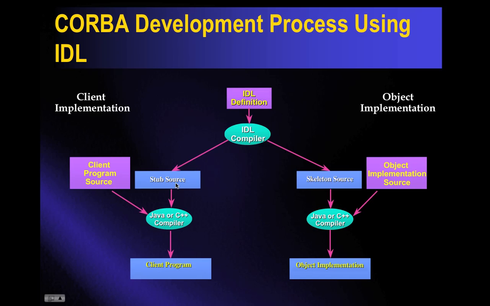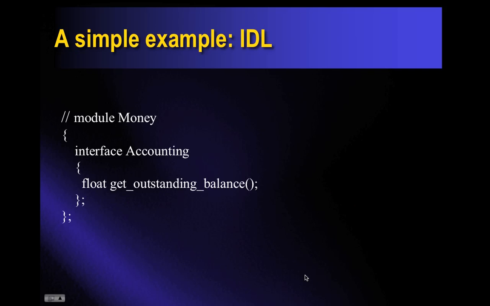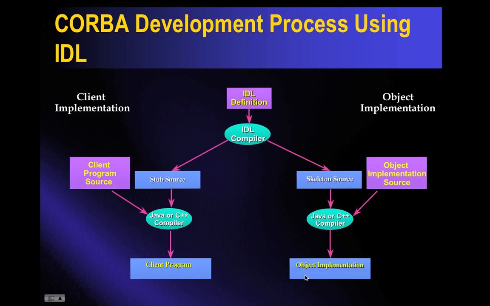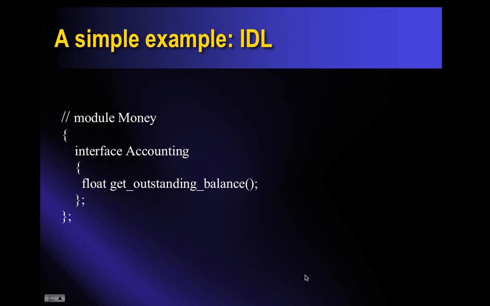The compiler puts the stub source together to create the client program, and puts the skeleton source together for the remote interface, compiled in with the object implementation. So we use the interface to get the information from the particular object that we're looking at, depending upon the language that we're implementing it in.